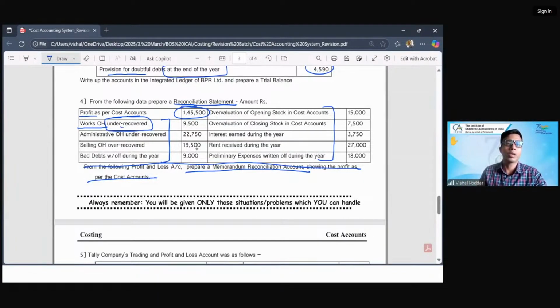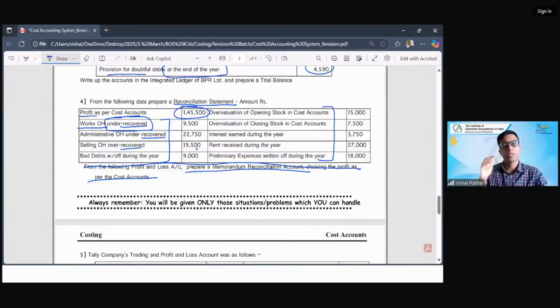Absorption or recovery, these are the terms which you have heard for the first time only in this subject of costing. So only in costing, we have the concept of charging the expense. Now, when they are saying undercharging, under recovery, or overcharging, over absorption, over recovery, it means they are talking of the costing side. Just keep this in mind.